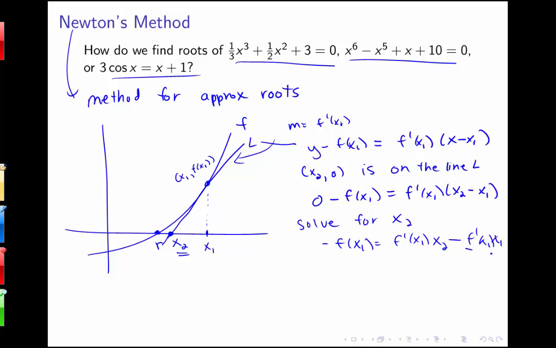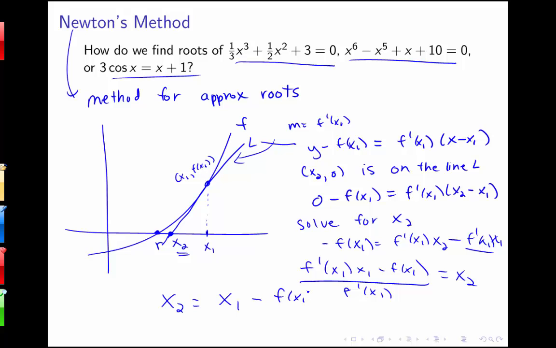Okay, so we add this piece over here, so I have f prime of x1 x1 minus f of x1, and then divide both sides by this f prime of x1. And so this gives me what x2 is in terms of my function at x1 and my derivative at x1. Let me simplify this a little bit. If I break this up into two pieces, this would be f prime of x1 times x1 all over f prime of x1. So that'll just give me x2 equals x1 minus f of x1 over f prime of x1.